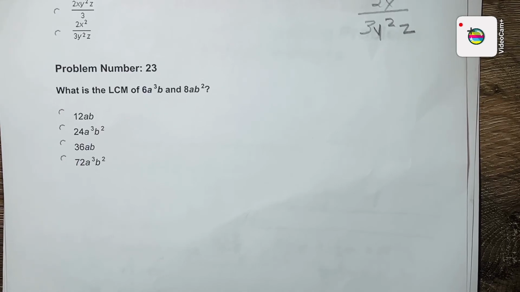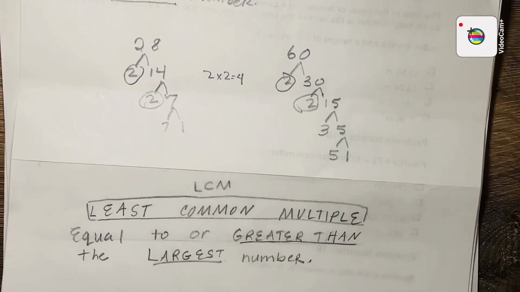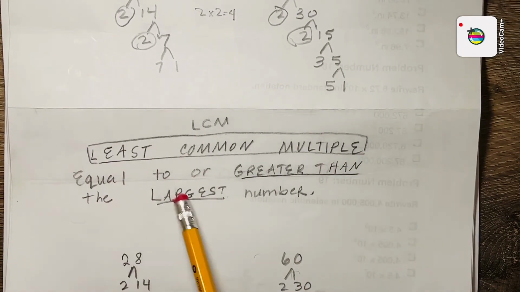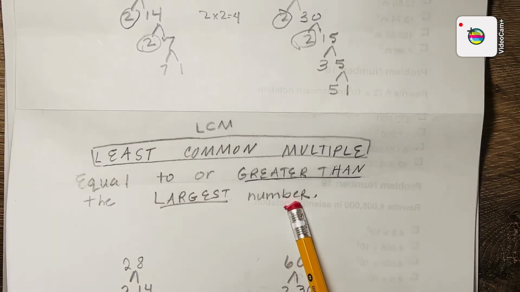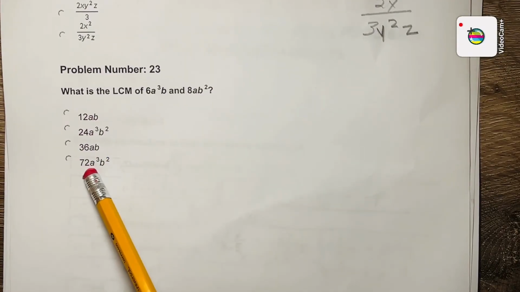Okay, and then problem number 23. What is the least common multiple of 6a cubed b and 8ab squared? Remember that the least common multiple has to be equal to or greater than the largest number. So let's look at the largest number, 8. Well, all of these are greater than.